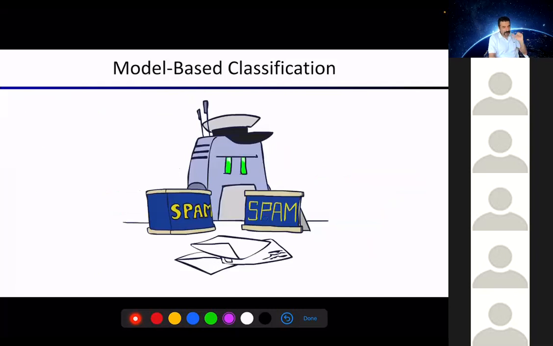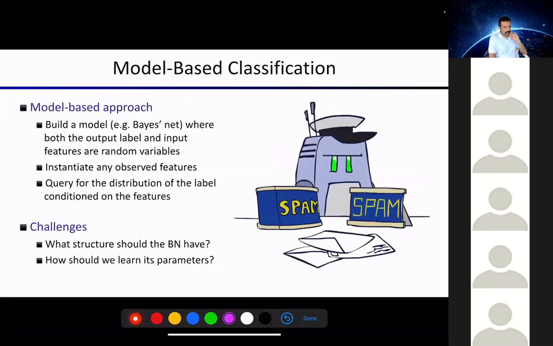So let's jump into model-based classification. Again, we want to build a model, some sort of Bayes net, where we have nodes and connections between nodes. So we have a bunch of nodes and the nodes are connected, right? And these nodes are probabilities, or either probabilities or conditional probabilities, and then we can reason about the joint distribution of all of these variables.